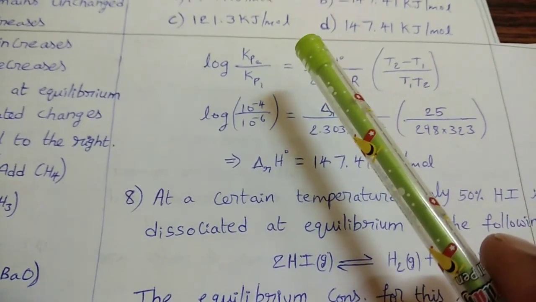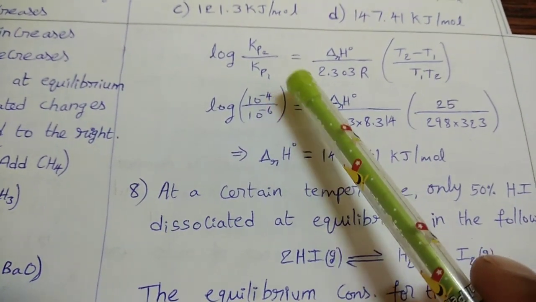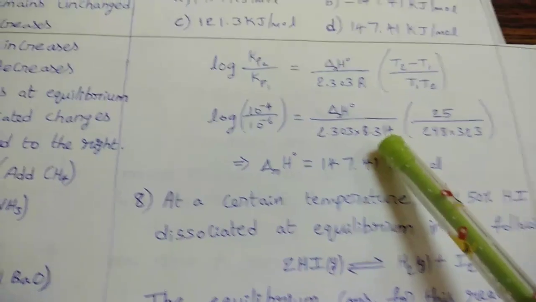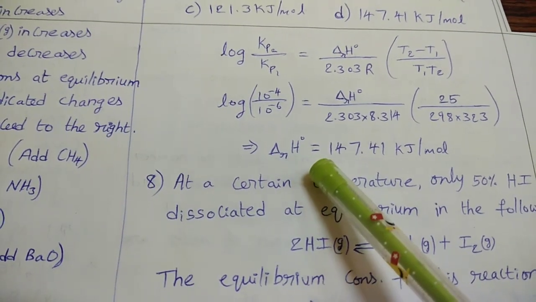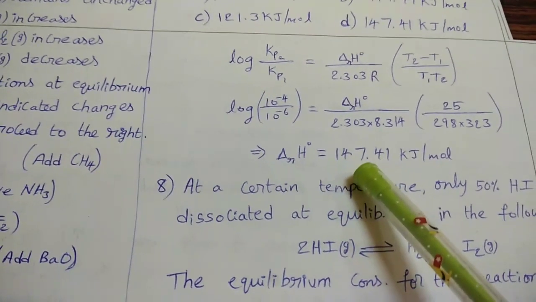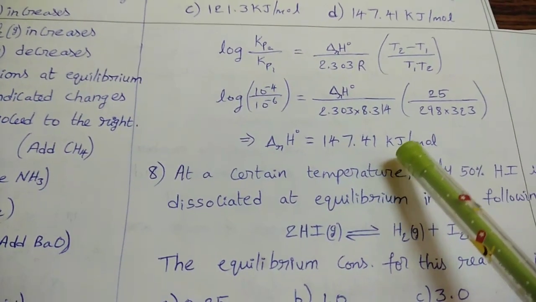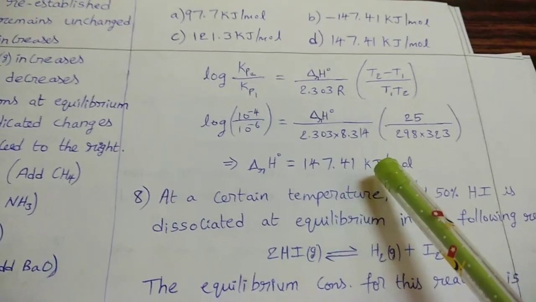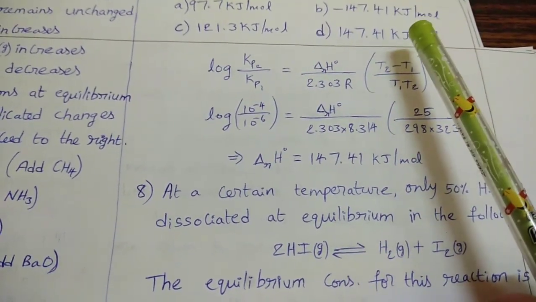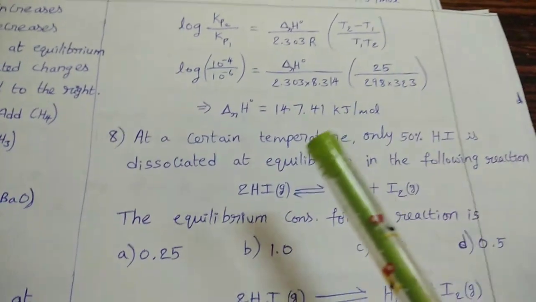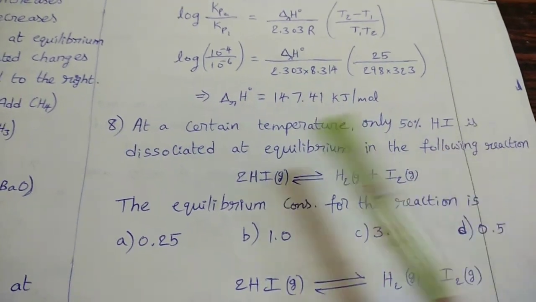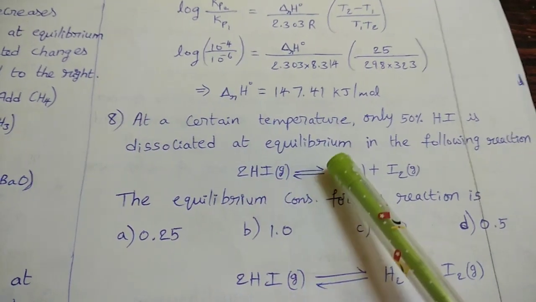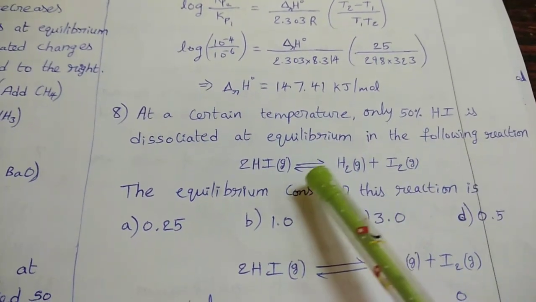Substitute the equilibrium constant values at different temperatures, T1 and T2, and the R value 8.314. From this we get delta R H0 equal to 147.41 kilojoule per mole. So what is the suitable option? Option D.